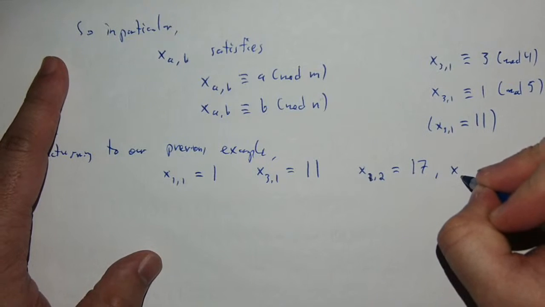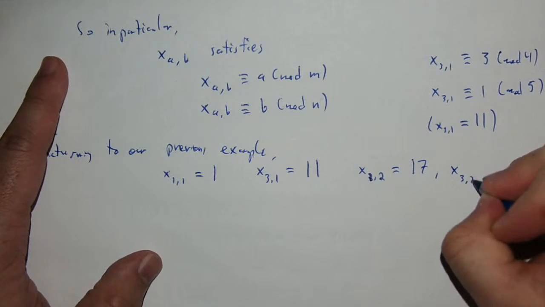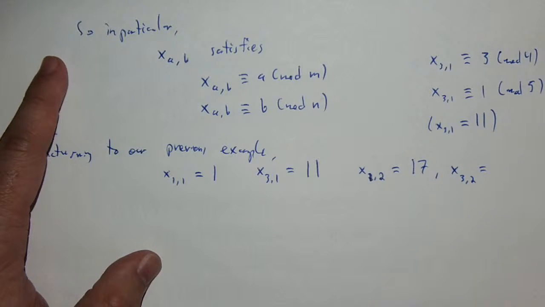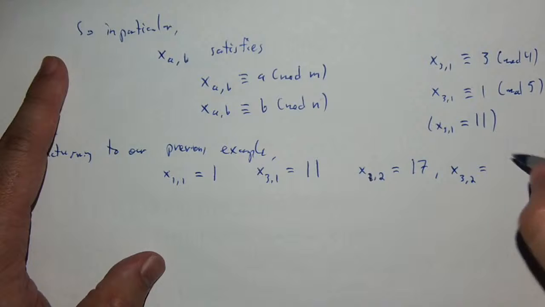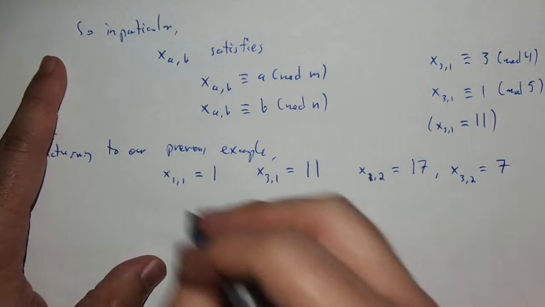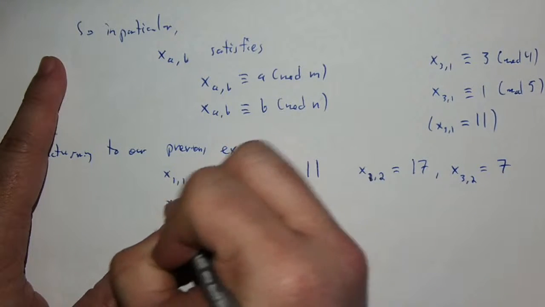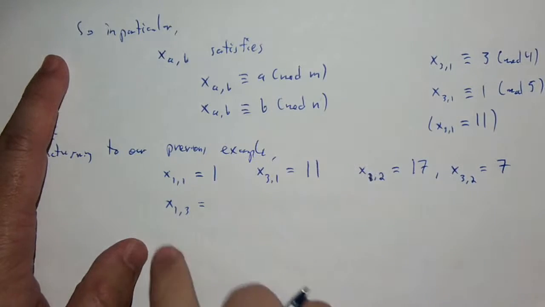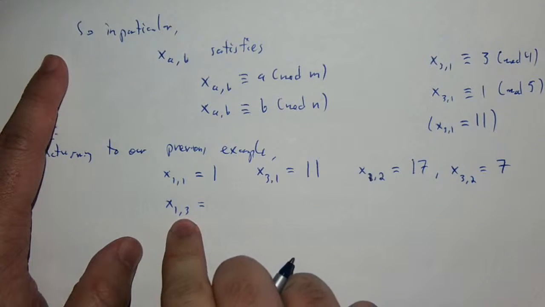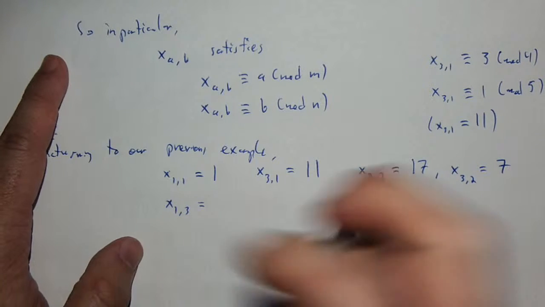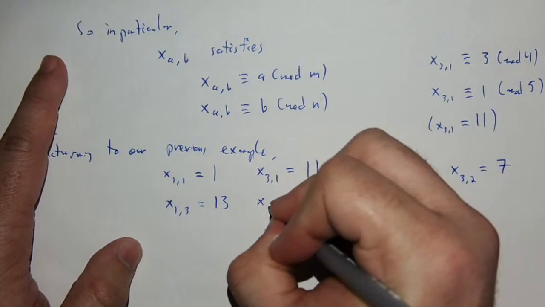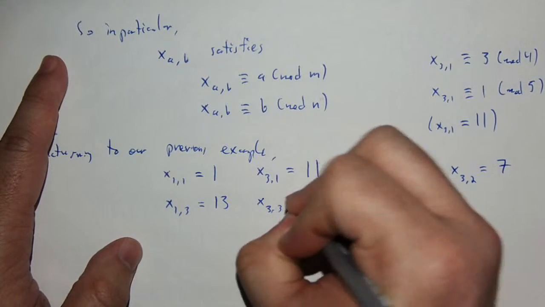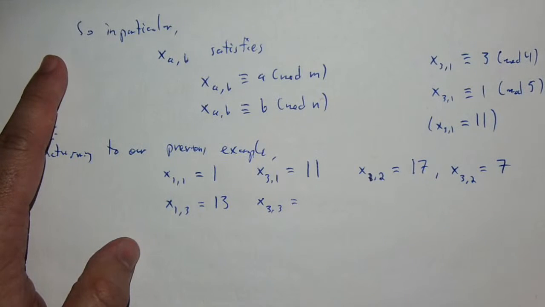And what about x sub 3, 2? Well, that's congruent to 3 mod 4 and 2 mod 5. That's 7. And the next one, x sub 1, 3, is congruent to 1 mod 4 and 3 mod 5. That's 13. And x sub 3, 3 is congruent to 3 mod 4 and 3 mod 5.